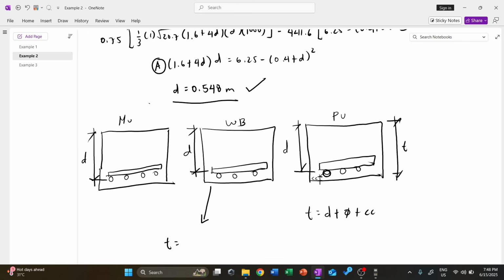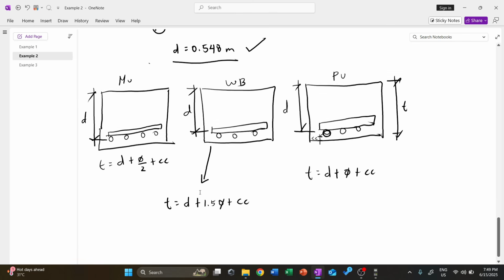So, magdadagdag ka pa ng kalahati ng bar. Okay? So, that is equal to, in numbers, effective depth plus kalahati na rebar plus isang buo or simply 1.5 diameter plus meron din tayo ditong clear cover, CC. Okay? So, kapag ka ito naman, mas maliit. Okay? Yung thickness natin dito ay effective depth plus half nung diameter plus concrete cover.